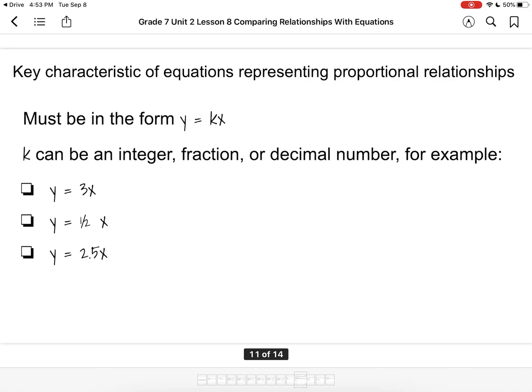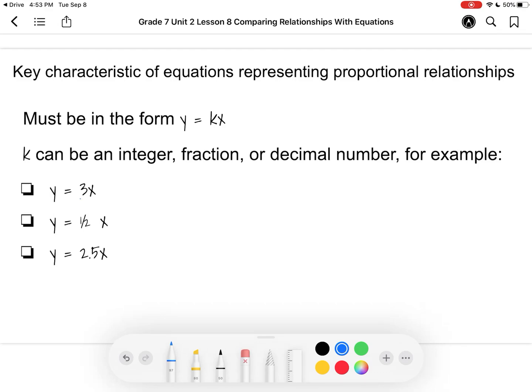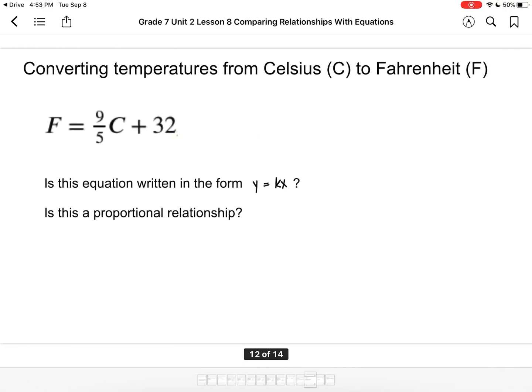So, key characteristic, the equation must be in the form y equals kx, and k can be an integer, such as here where we have 3, can be a fraction, y is equal to 1/2 times x, or it can be a decimal number, 2.5x. All of those are fine. They are all in the form y equals kx.